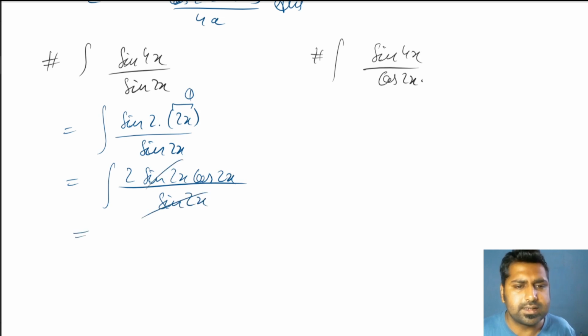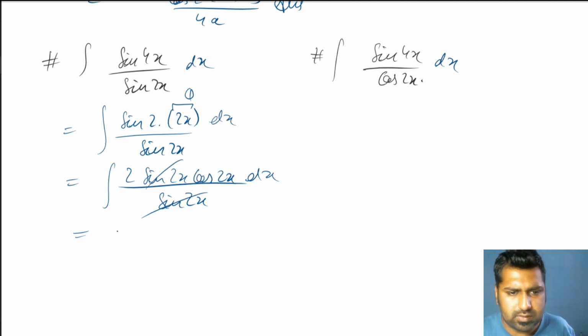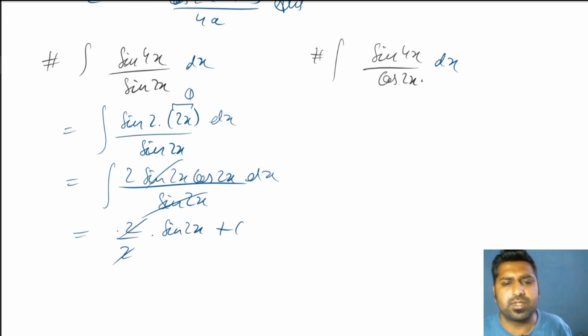Sine 2x and sine 2x cancel. Integration of 2 cos 2x dx. What is the integration of cos? That's sine, but the coefficient of x will come in the division. So 2 by 2 sine 2x plus c. So the answer is sine 2x plus c.